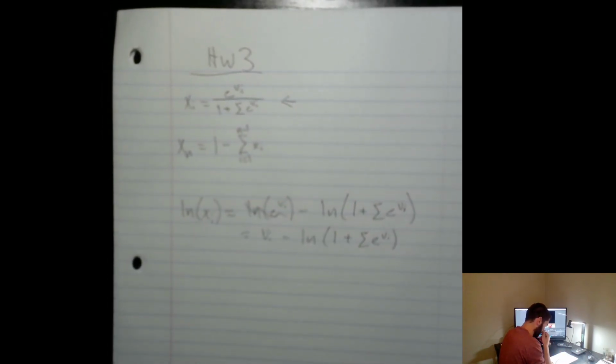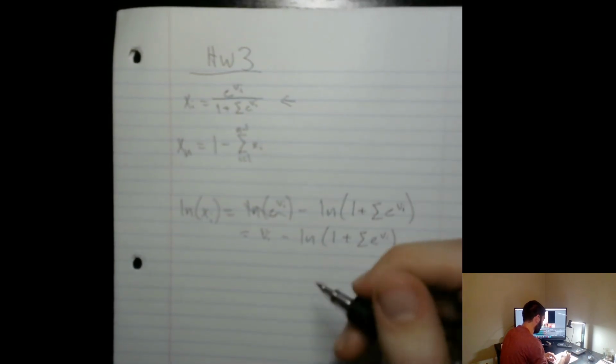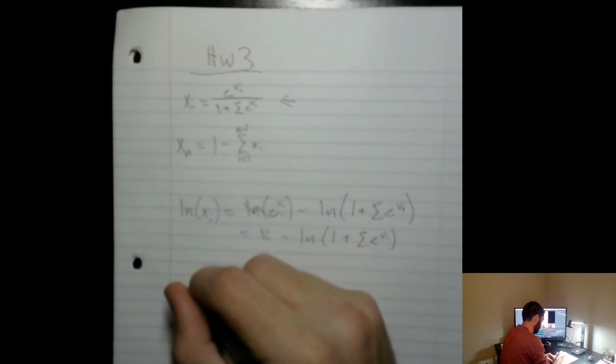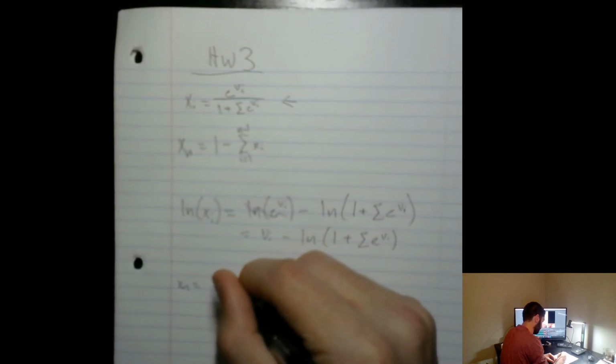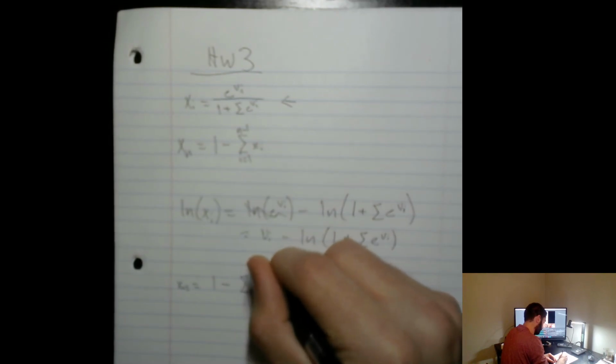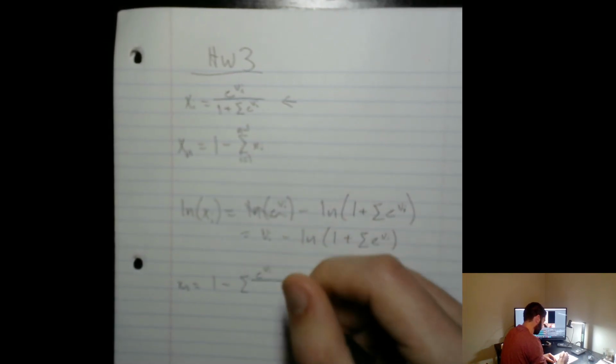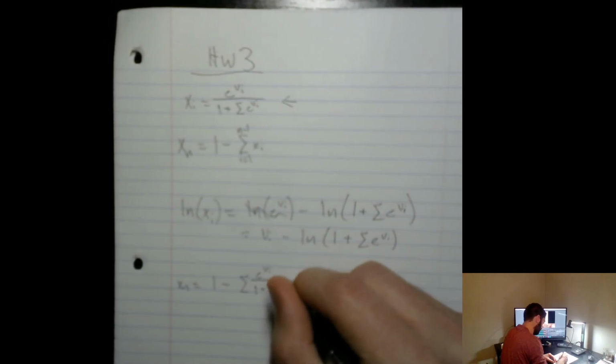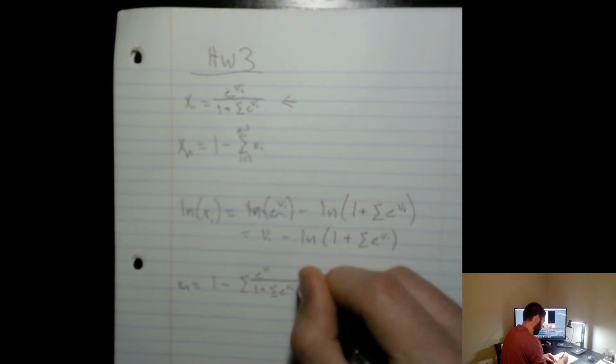Then we can take a look at our second equation, which has xn equals 1 minus the sum of all other x's. We can plug our top equation into this second equation. If we do that, we have xn equal to 1 minus the summation of e to the vi over 1 plus summation e to the vi.